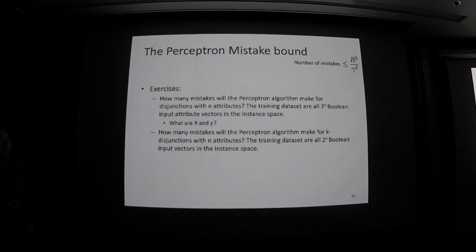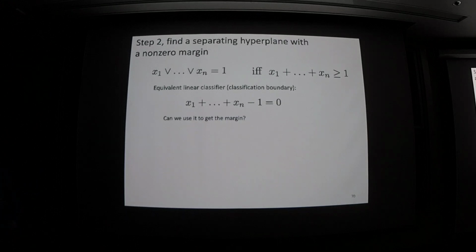As we mentioned, when we find the upper bound on the number of mistakes, we need to find a non-zero gamma. If the margin is simply 0, then the upper bound is infinity. Of course, it's correct, but it's meaningless. Then we should look at what is the margin for this particular separating hyperplane. What's the definition of margin? You have to find the distance of each point from the hyperplane.